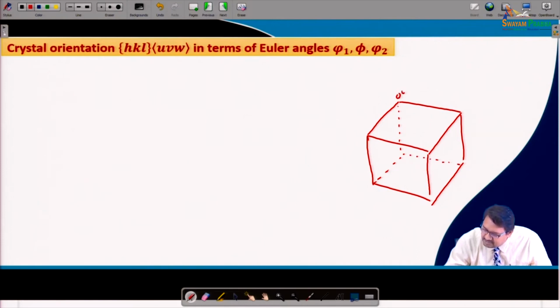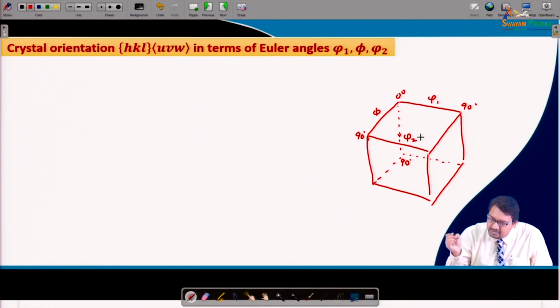This is 0 degree for the phi 1 section up to 90 degrees, and we will do this construction for the cubic crystal, and therefore we will always have phi 1, phi 2 starting at 0 and ending at 90 degrees. So, this is the phi 2 section.